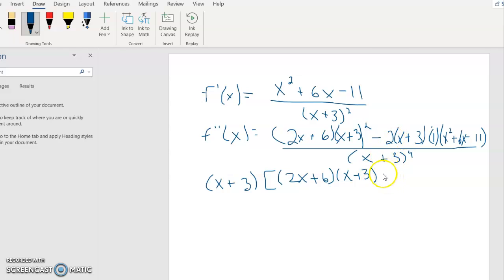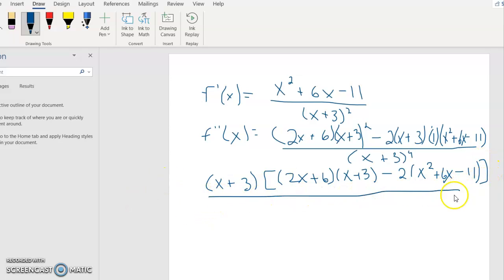I've got a minus 2. This x plus 3 got pulled out, and I have that left. All over x plus 3 to the 4th. And now that I've got that x plus 3 factored out, I will go ahead and cancel out or reduce one of these.